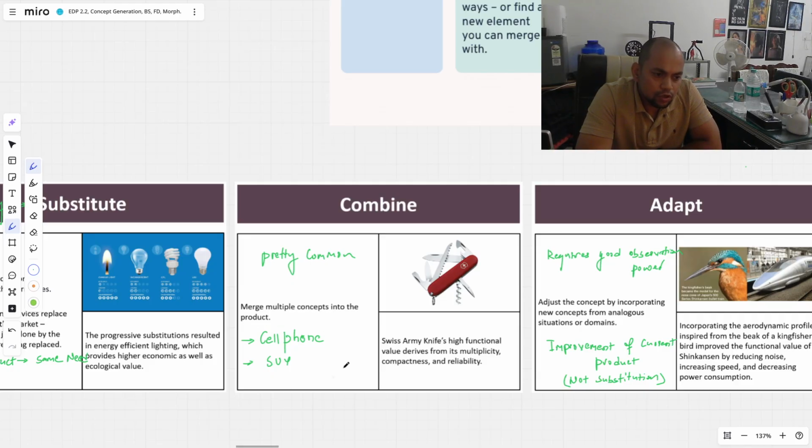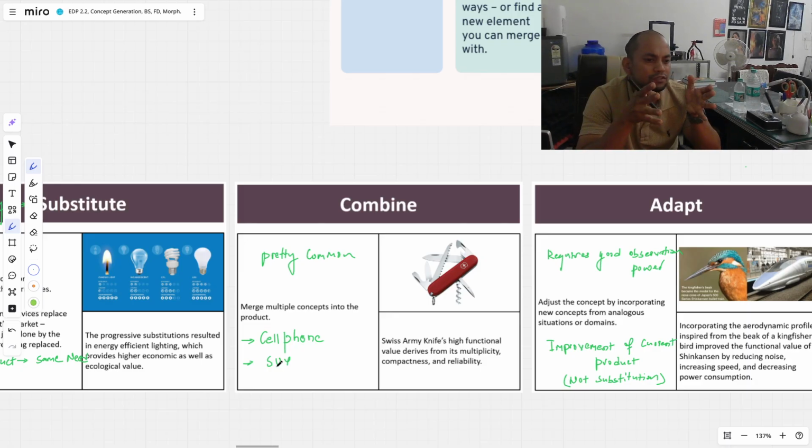Another example is your SUV. People needed to go off-roading on the weekends, slight off-roading, and they also needed a vehicle for the streets. So the manufacturers have combined both, and they have created this segment which is SUV, sports utility vehicle.